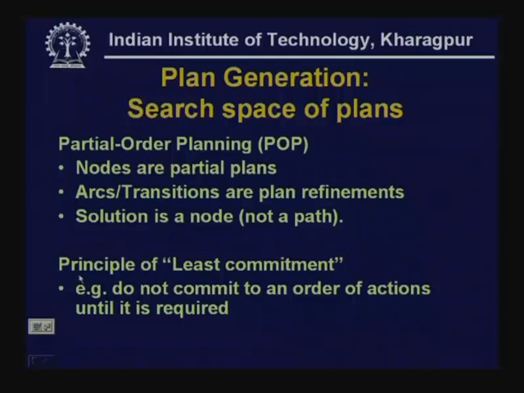And the solution to the planning problem is a partial plan. So, the path to the solution is not important, because all the relevant information is captured in the partial plan, which is a node in this state space search. That is, we obey the principle of least commitment. We do not commit to any ordering of the actions which is not required.